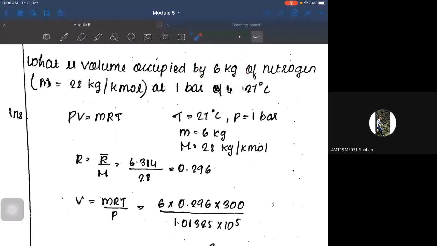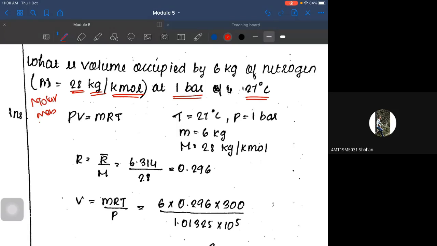What is the volume occupied by 6 kg of nitrogen? The 6 kg is the m value which has been given. The capital M is in kg per kilomole, the molar mass, which is 28 kg per kilomole, at 1 bar pressure and 27 degrees Celsius.